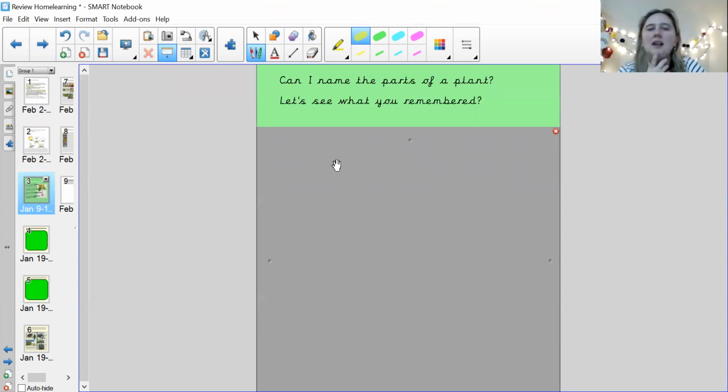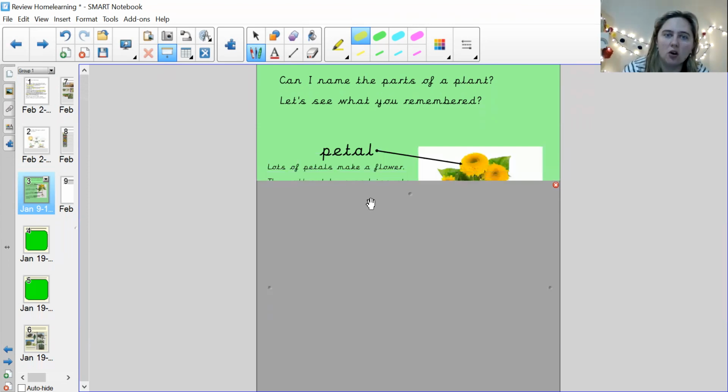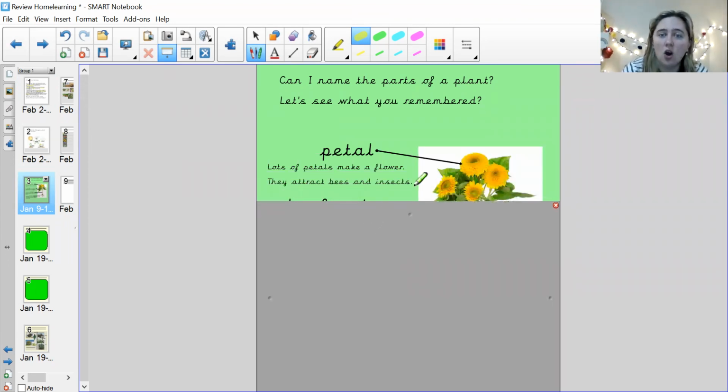Okay, let's see. Can you remember the 4 parts of a plant? Can you pause me and see if you can name them all? Did you name them all? Okay, I'm going to remind you of them just in case. We've got the petals on the top, the colourful part.